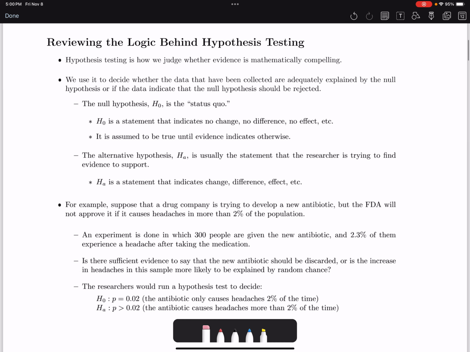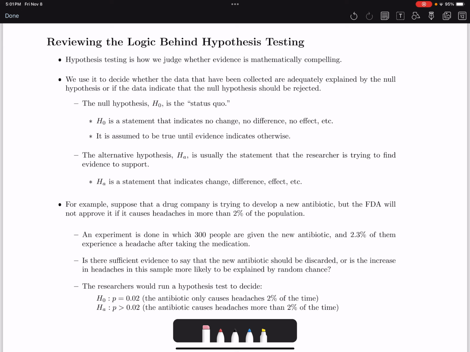As we discussed when we first introduced this topic, hypothesis testing is how we judge whether evidence that a researcher has collected is mathematically compelling. We use it to decide whether the data that have been collected are adequately explained by the null hypothesis, or if the data indicate that the null hypothesis should be rejected.